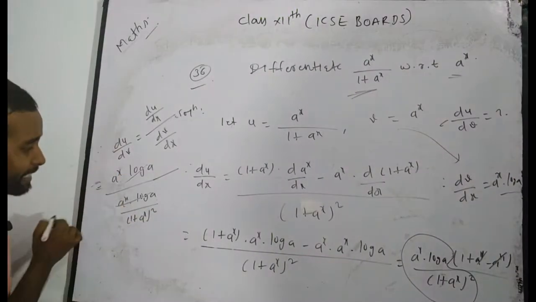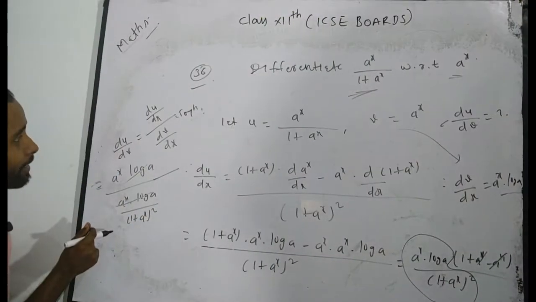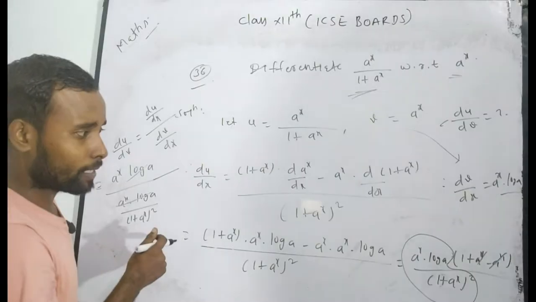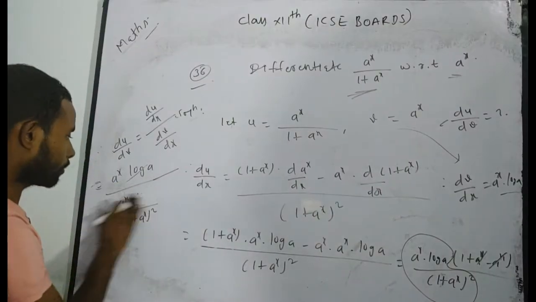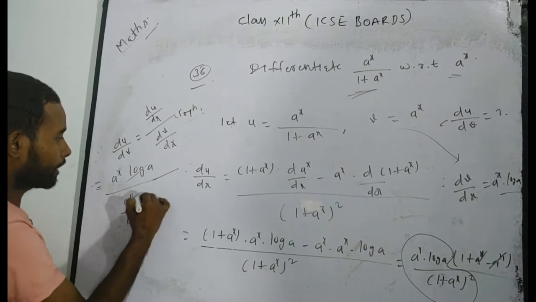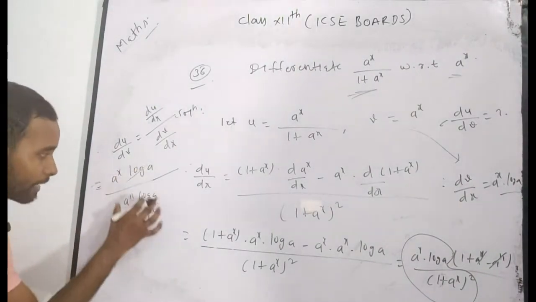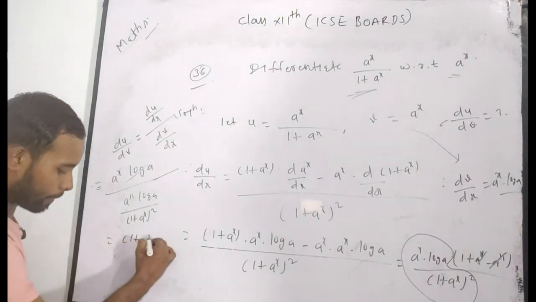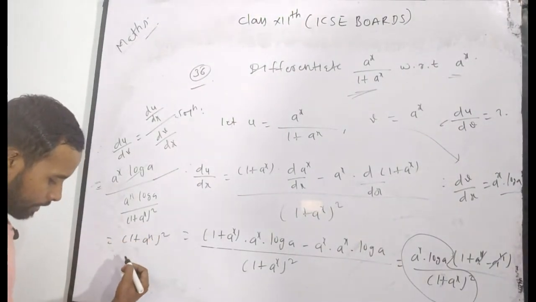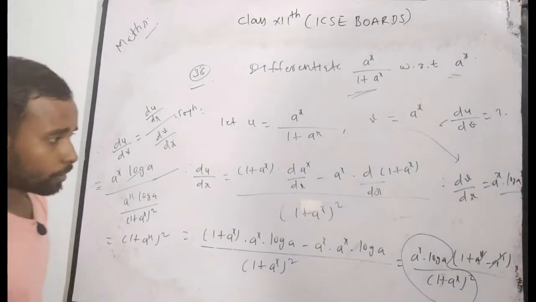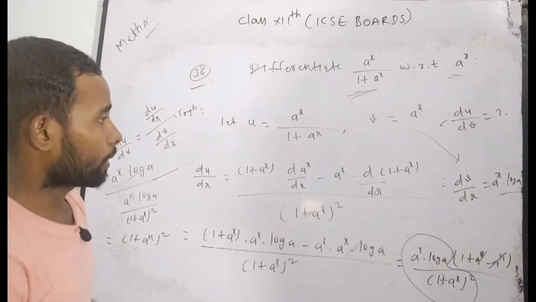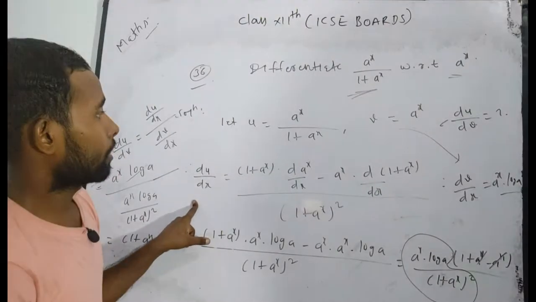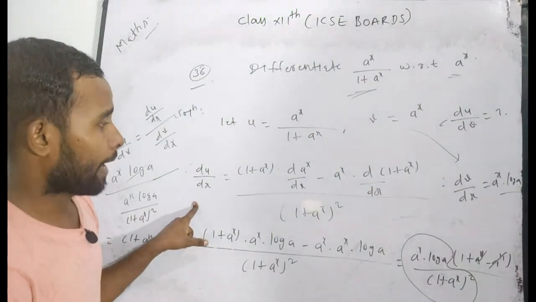Now both terms cancel each other, and you will get here, sorry, do not cancel each other, a to the power x into log a will come in the denominator and go to the numerator, so you will get (1 plus a to the power x) whole square.